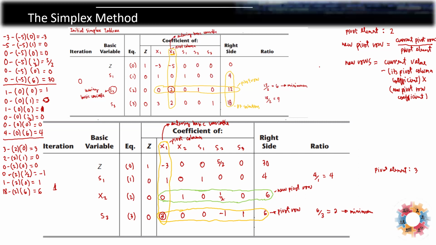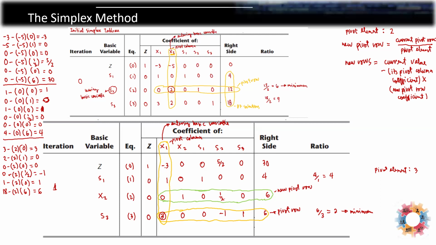Do we have now the optimal solution? According to the optimality test, you have the optimal solution for that table if all of the entries in row 0 are non-negative.